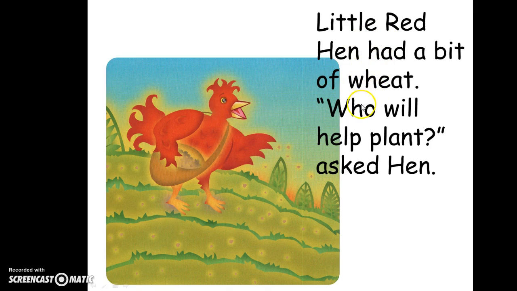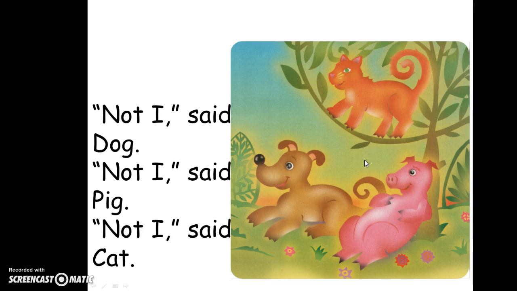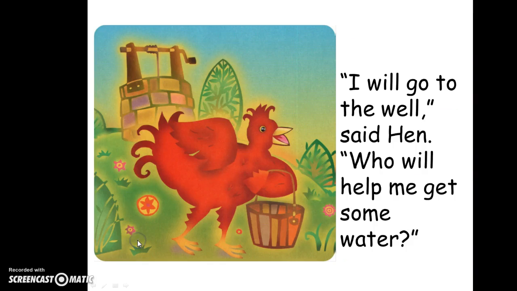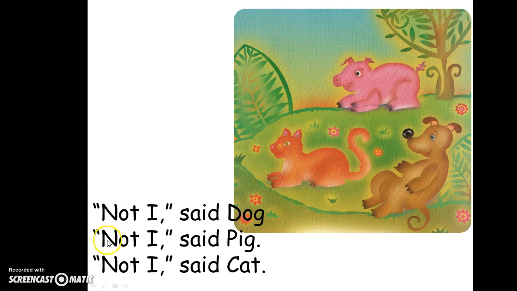Little Red Hen had a bit of wheat. Who will help me plant? Asked Hen. Not I, said Dog. Not I, said Pig. Not I, said Cat. I will go to the well, said Hen. Who will help me get some water? Not I, said Dog. Not I, said Pig. Not I, said Cat.